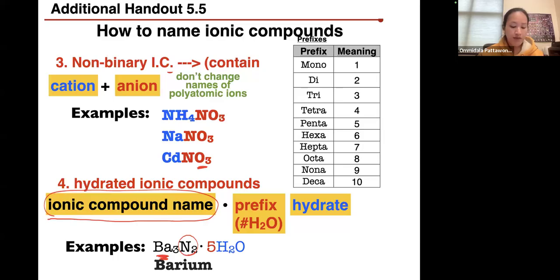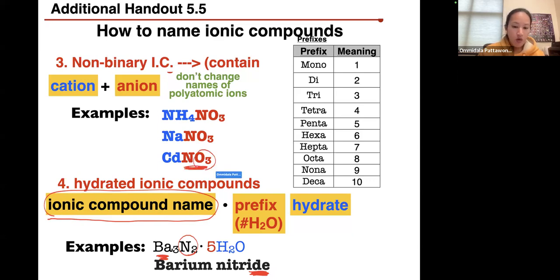That's how you differentiate them. So in this case, you are going to name this barium nitride. Note the ending. If it's ending with "ide," it's only one single element. If it's ending with "ate," you're going to see that it comes with oxygen.